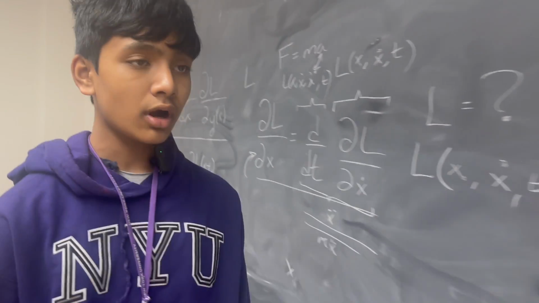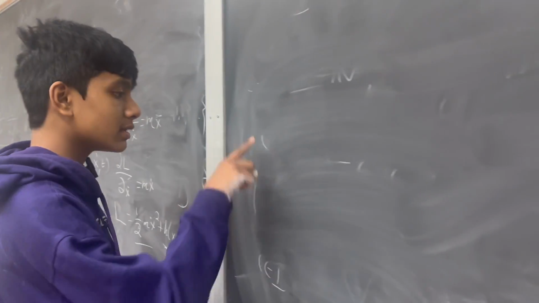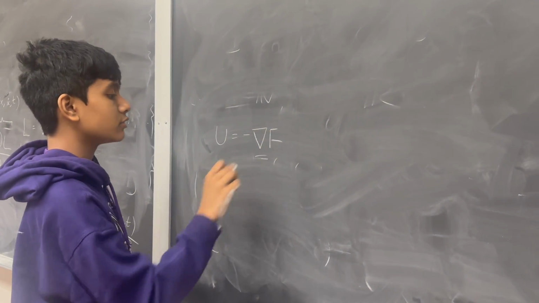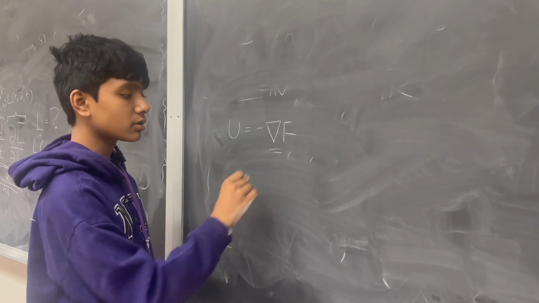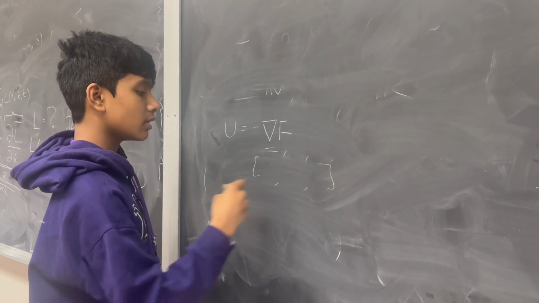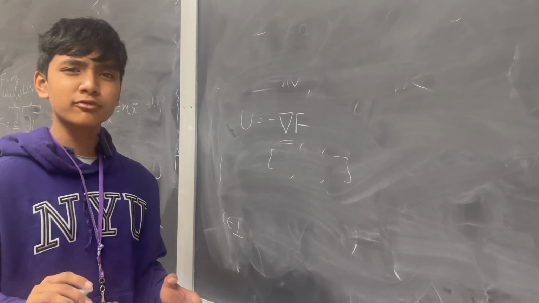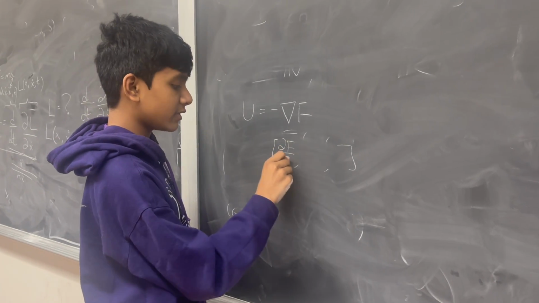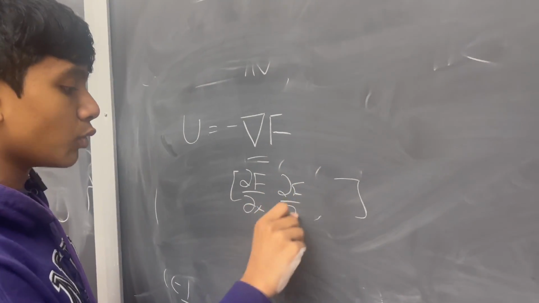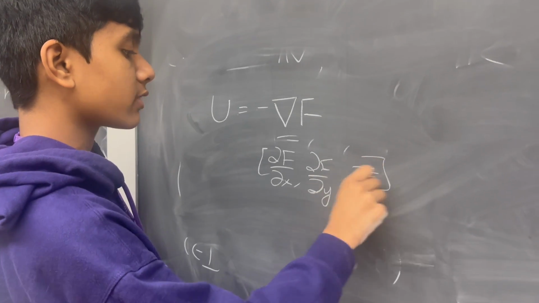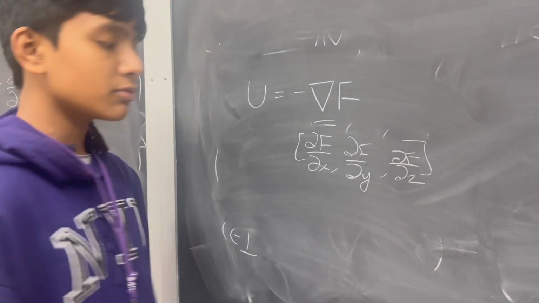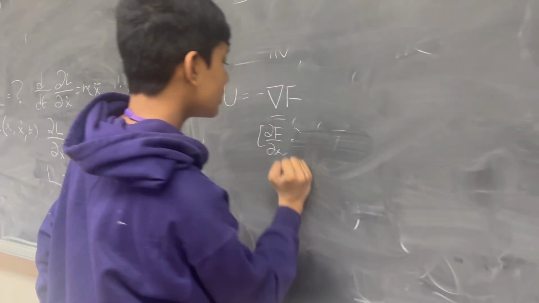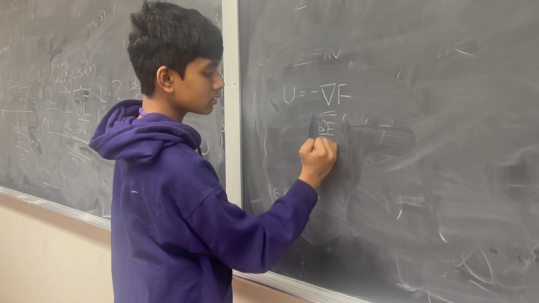You can probably remember that potential is the negative gradient of force. And if you don't know what a gradient is, it's a fancy word for a vector that acts kind of like a derivative in multiple dimensions. So it has the partial derivative in the x, the partial derivative in the y, and the partial derivative in the z. So it's a positional derivative, essentially. If we reduce it to one coordinate, the gradient is technically a scalar.